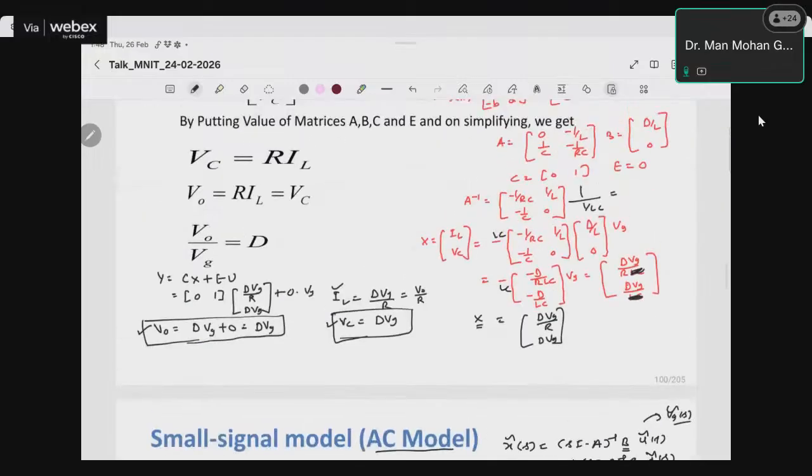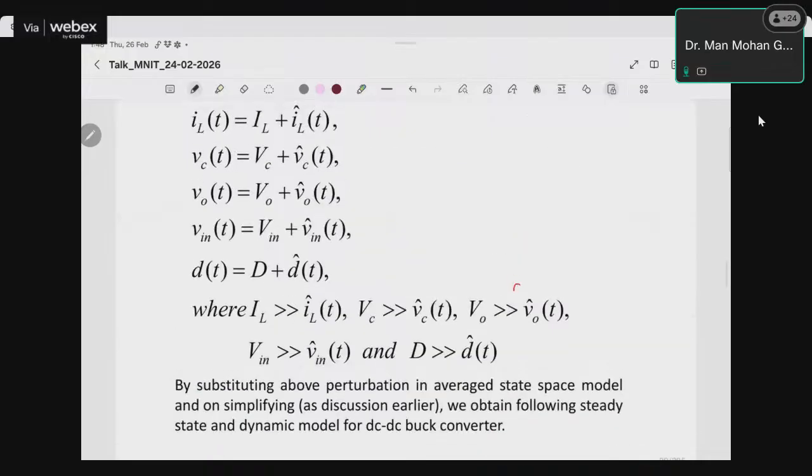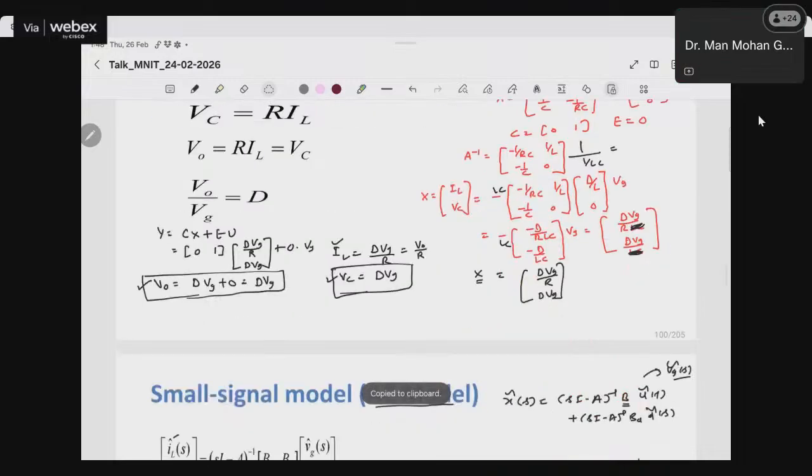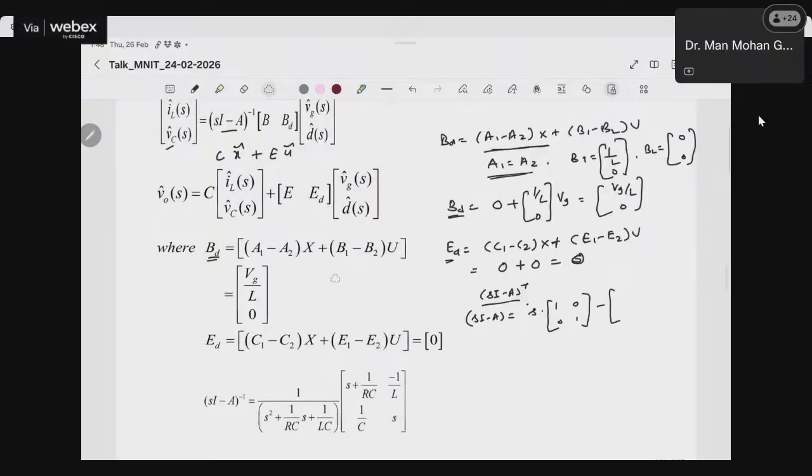A is this value: 0, minus 1 upon L, 1 by C, minus 1 upon RC, right?